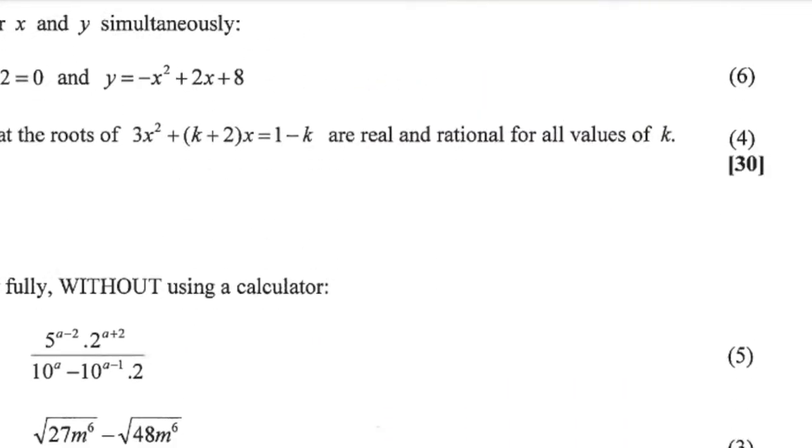It says to show that the roots of 3x squared plus k plus 2 into x is equals to 1 minus k are real and rational. In other words, for real roots, the discriminant must be greater than or equal to 0. Then for rational, it must be a perfect square.